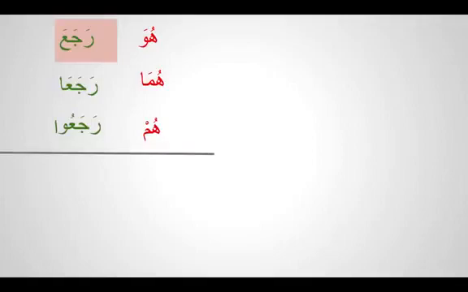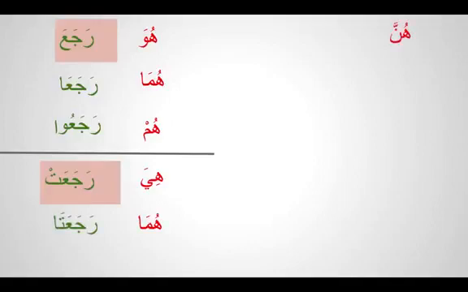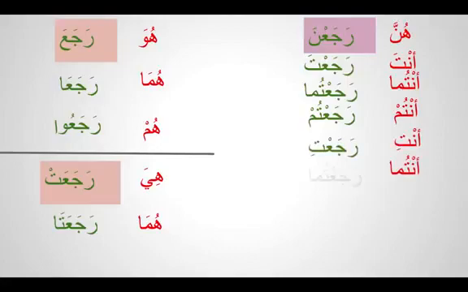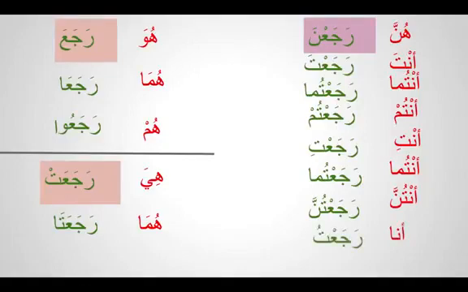So let's do one more example. Raja'a, huwa raja'a, huma raja'a, hum raja'u, hiya raja'at, huma raja'ata, hunna raja'na, anta raja'ta, antuma raja'tuma, antum raja'tum, anti raja'ti, antunna raja'tunna, ana raja'tu, I return, and nahnu raja'na.